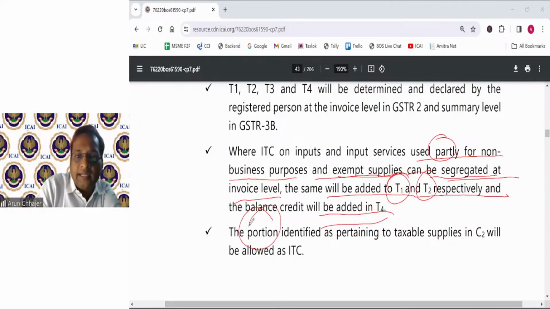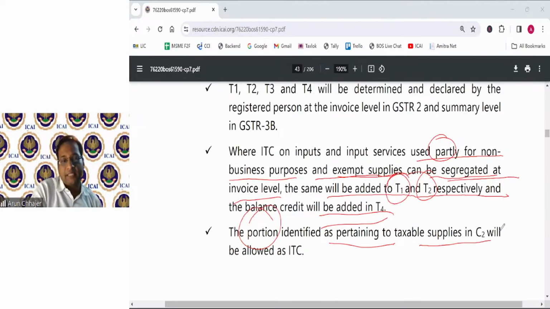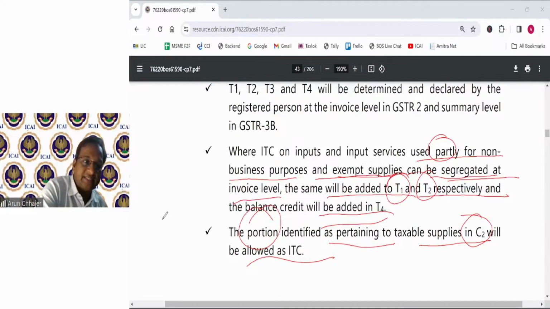The portion pertaining to the taxable supplies in C2 will be allowed as ITC.